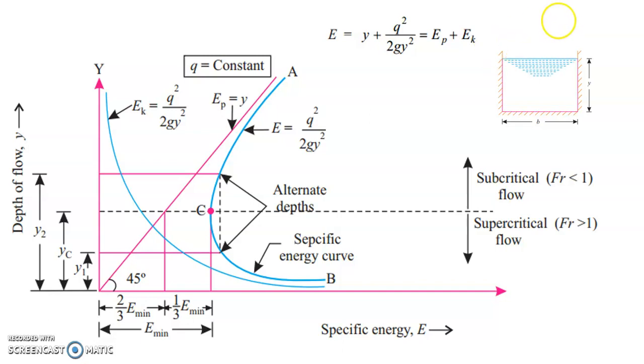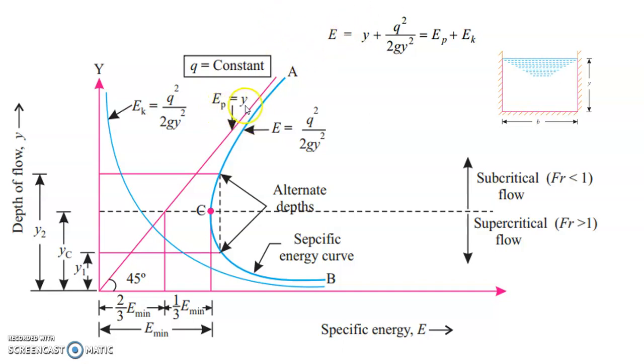Now there are two components when it comes to the specific energy. You just refer to the same equation. The first component is E equals y, the second component is E equals q square by 2gy square. It's very evident that if you plot E equals y, it becomes a straight line where the slope is equal to 1, or the angle is equal to 45 degrees.